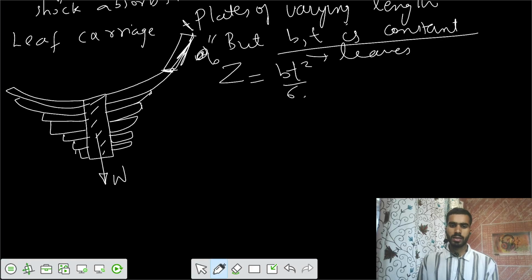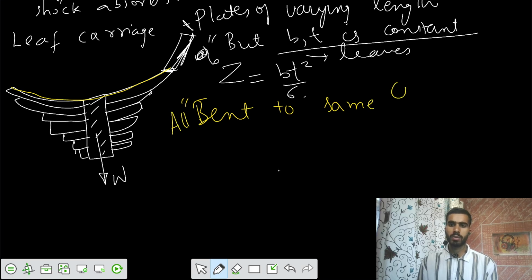And then we bend them to the same curvature. All are bent to the same curvature. So it is designed based on that. It looks like a beam of uniform strength.